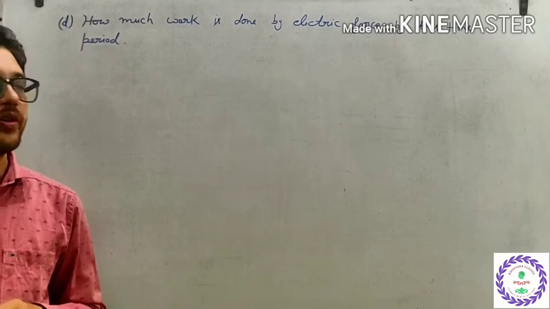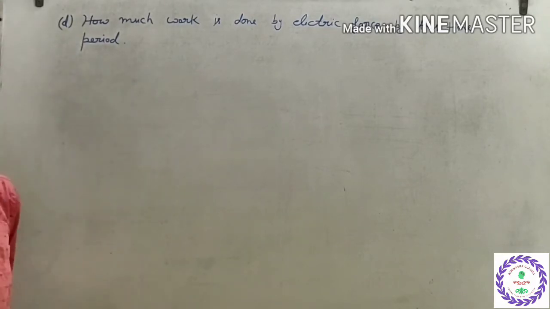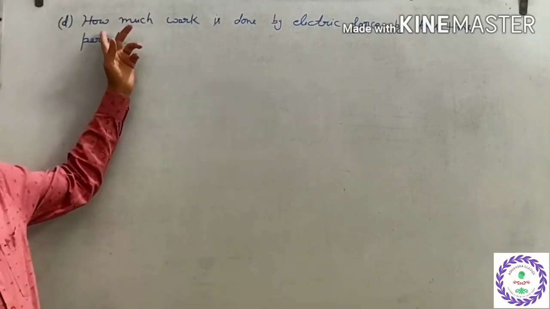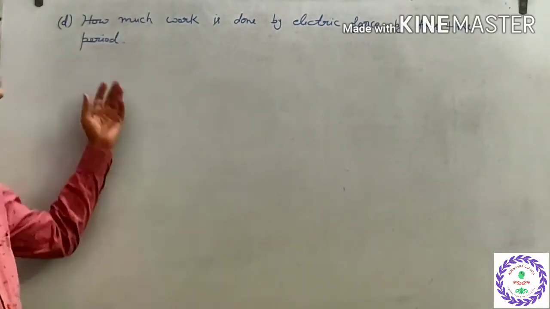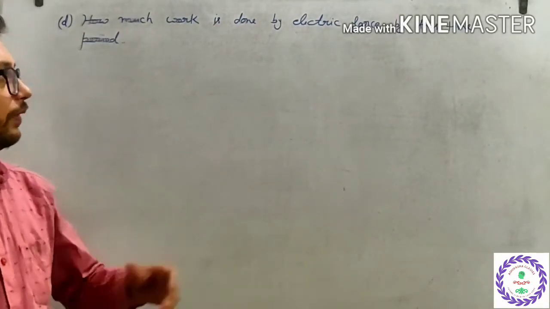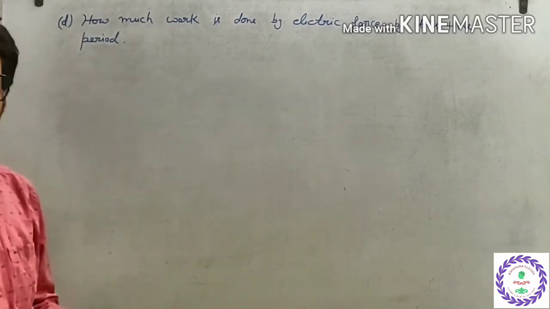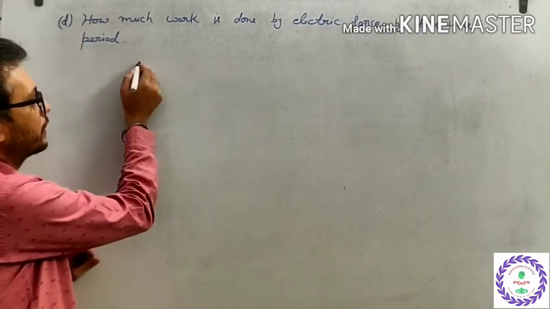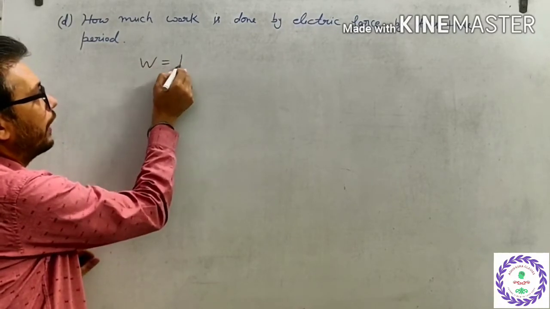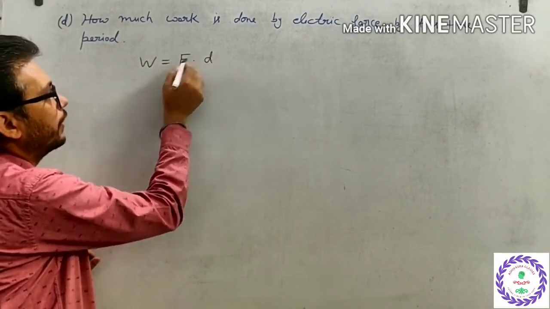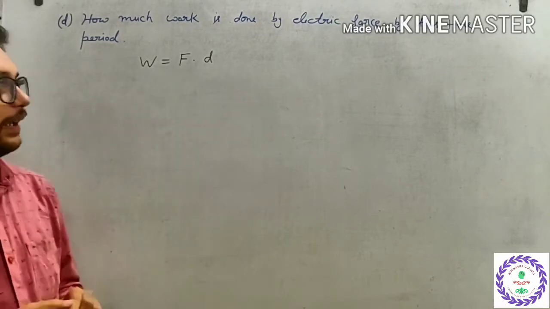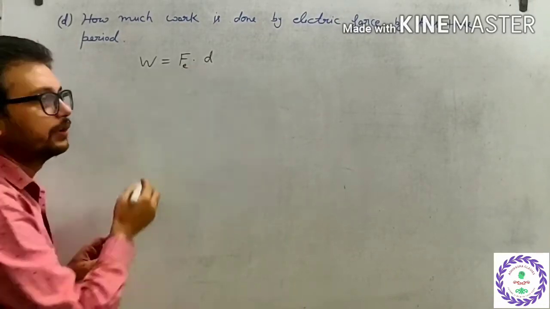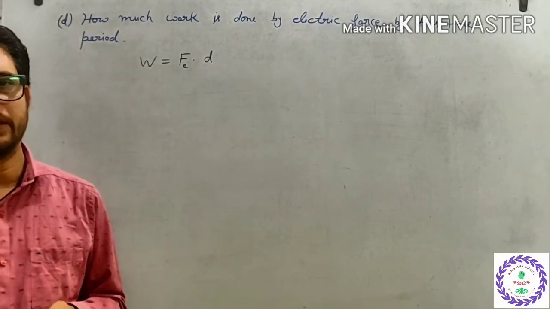This is the last part of the question, and in this part we have to find how much work is done by the electric force in this time period. We know the formula for work done, W = F · D, where F is the electric force and D is the displacement.